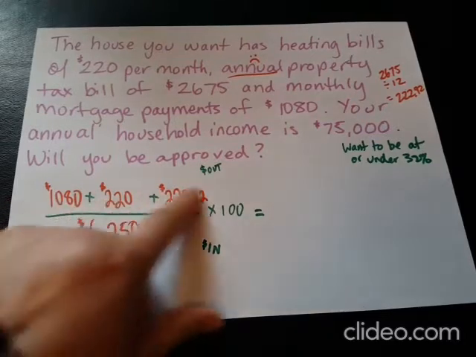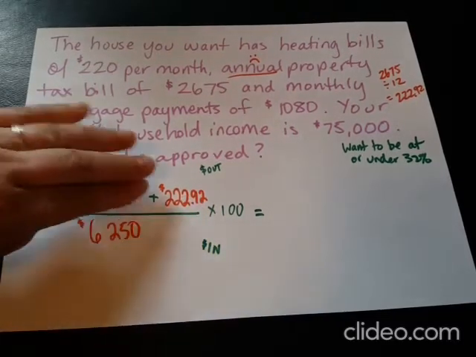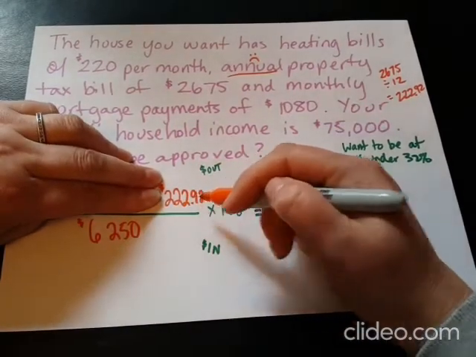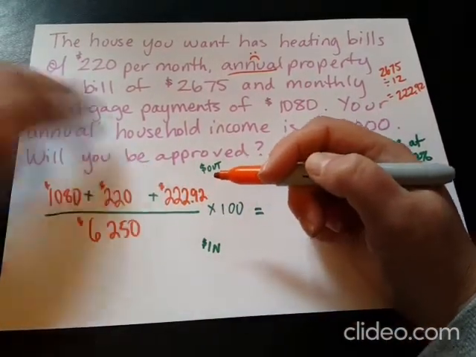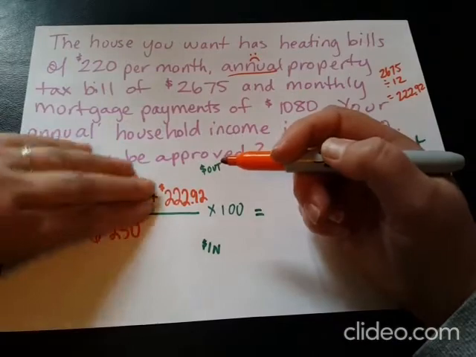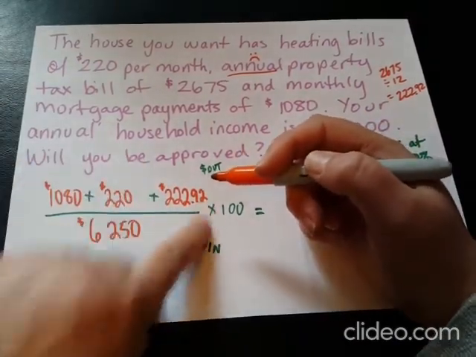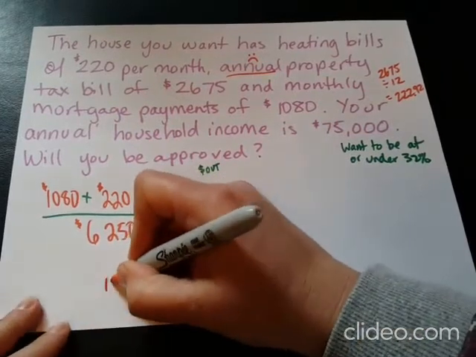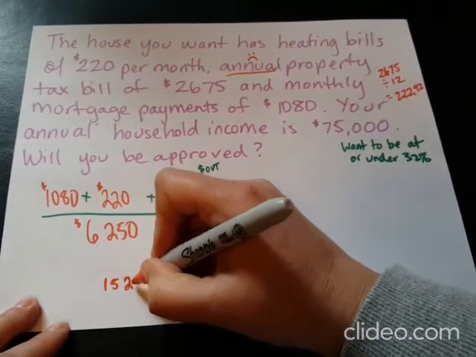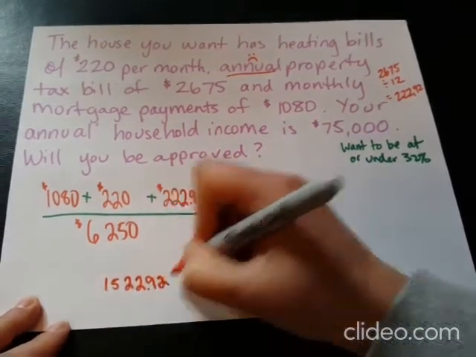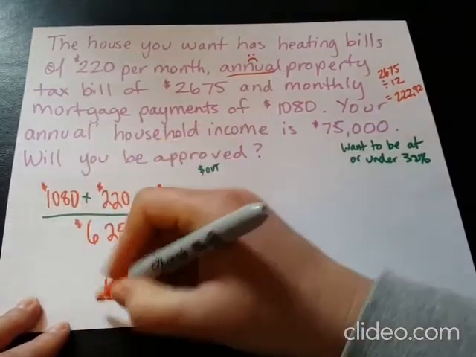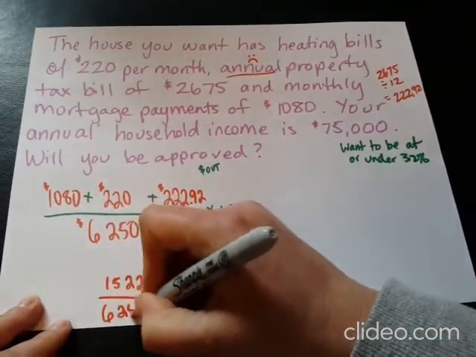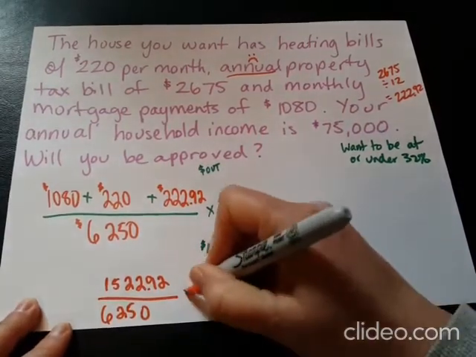If you don't add across the top, it will want to do this division on you, which would give you basically a really big number in the end. But we want to add across and press equals so that we know that we have $1,522.92 going out every month and $6,250 coming in every month.